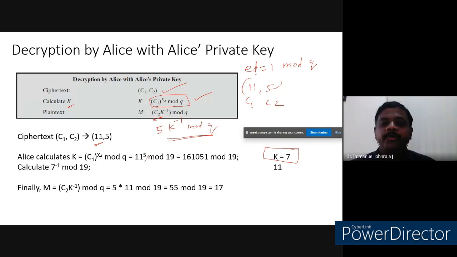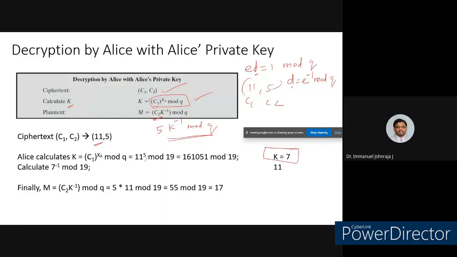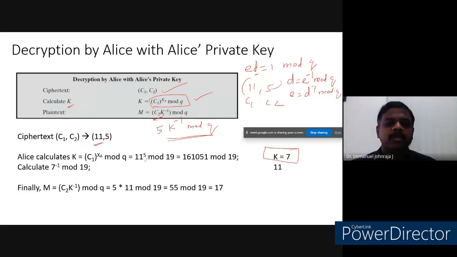If you know the value of E, then how will you calculate the value of D? We used to say D is the multiplicative inverse of E mod q. In case you want to know E, you will have D inverse mod q. All right, very similar to that.